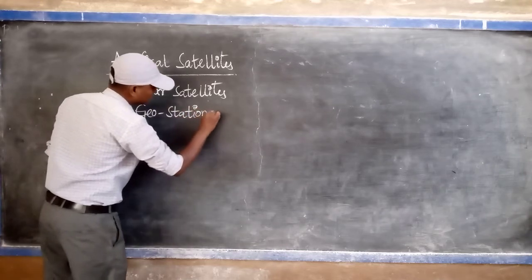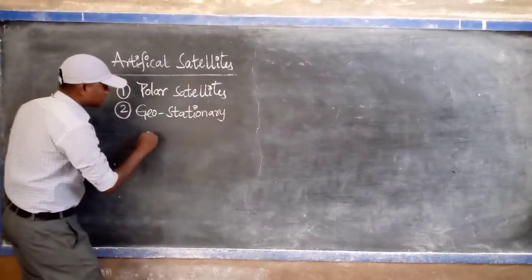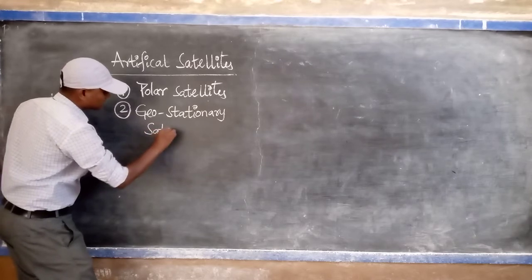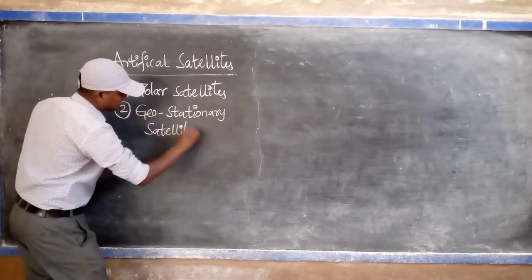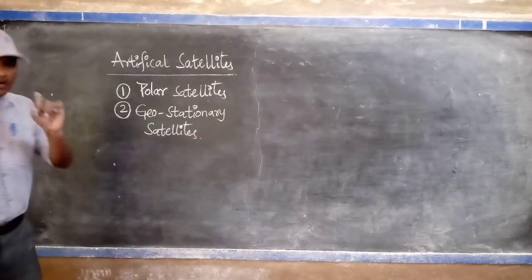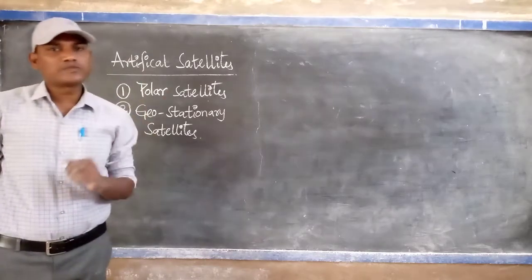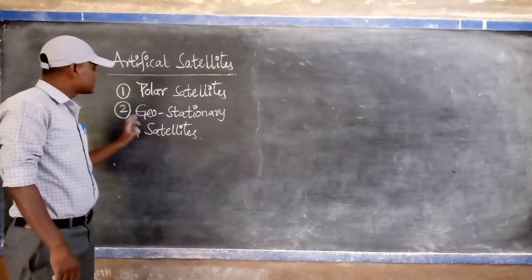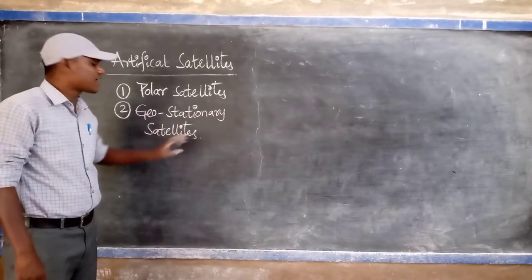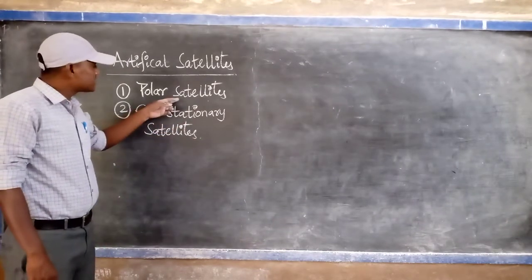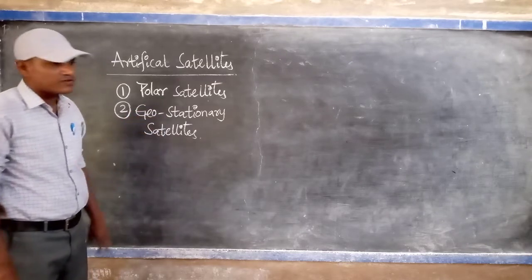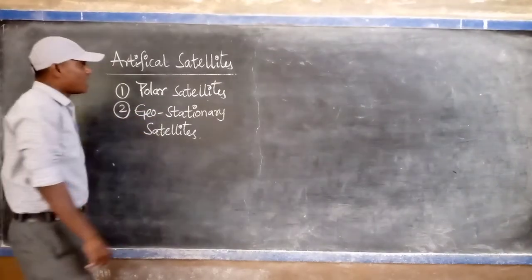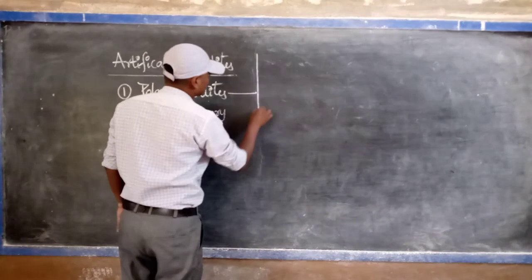The second one is geostationary satellites. So, artificial satellites, how many types are there? Two types: polar satellites and geostationary satellites. Which satellites do we call polar and which do we call geostationary? I will explain it this time.